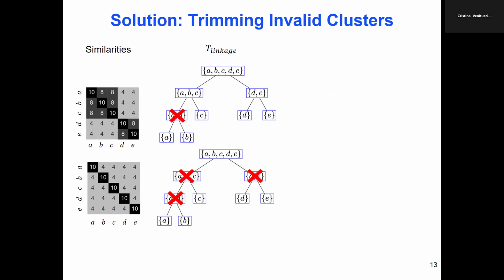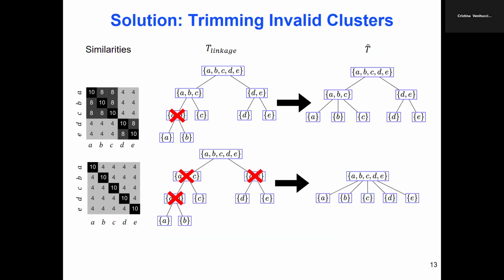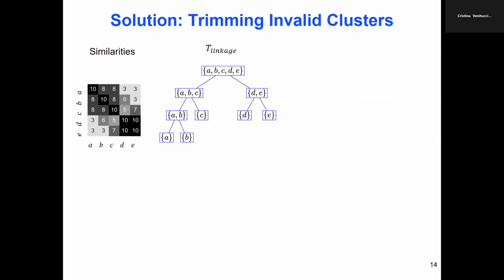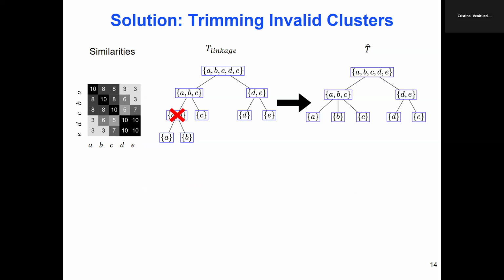Essentially, if I apply this algorithm, I arrive in these two cases at the true hierarchy. Now, these are easy cases because the clusters are very visible in the data. If I take situations in which clusters are a little more blurry, so it's not clear which clusters are valid and which are not, and I apply the same kind of algorithm, it's not clear that the tree I have obtained is the maximal tree that I could obtain for the hierarchy.